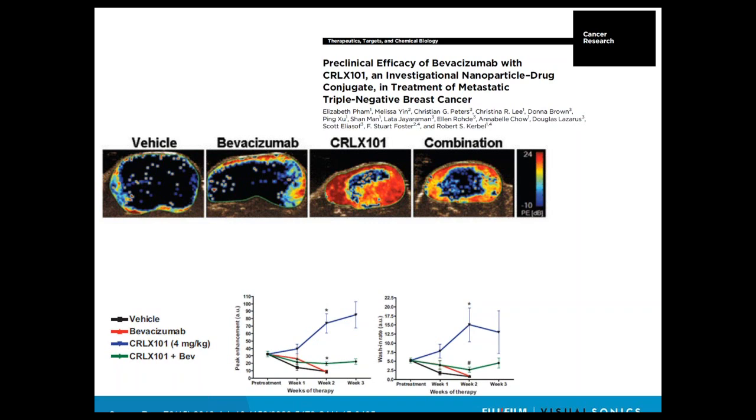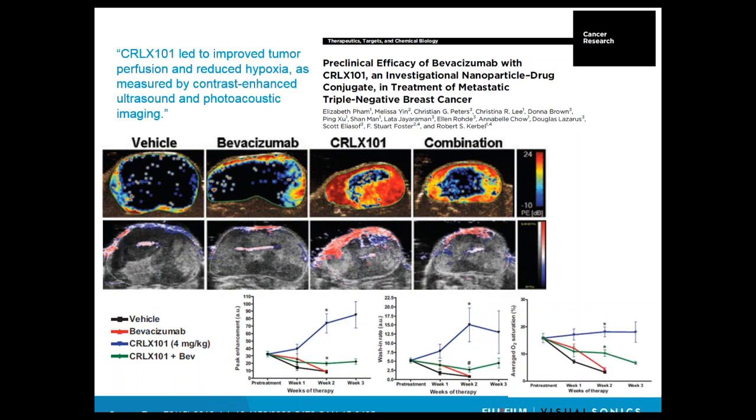And in addition to doing contrast imaging, they also looked at the photoacoustic signal and the oxygen saturation in tissue, and found that this complementary information supports their findings that CRLX-101 improves tissue oxygenation as well, and helps downregulate the HIF-1 alpha in this case.